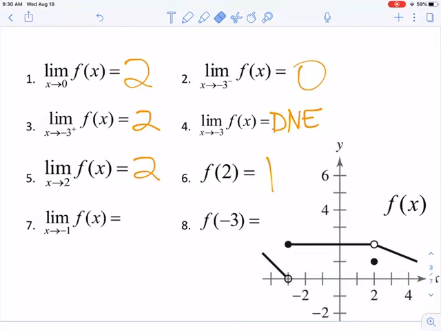And then it asks you backwards, if you have the function value, what do you know about the limit? The two have nothing to do with each other, and here's the perfect case. We might have a limit that is different from our function value, and we won't really know if they're the same. Sometimes they are, sometimes they're not, okay?